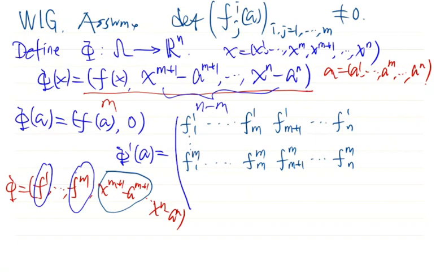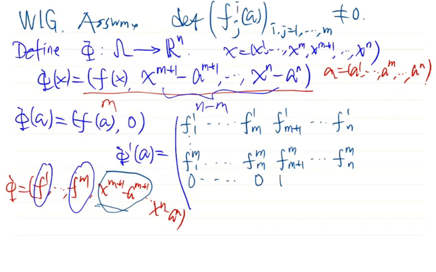with respect to x1, x2, ..., xm, x_{m+1}, up to xn. But the m plus 1 coordinate of phi does not depend on x1, x2, ..., xm. It only depends on x_{m+1}. Therefore the derivative is 0.